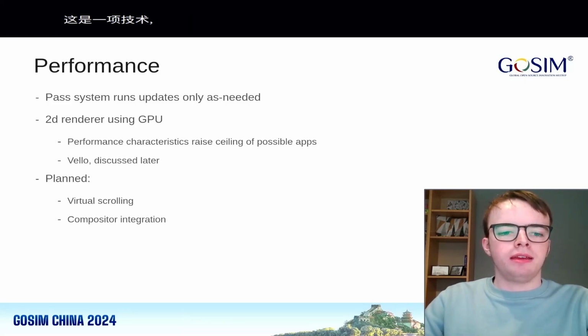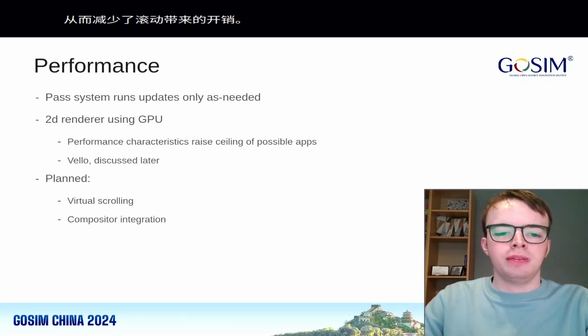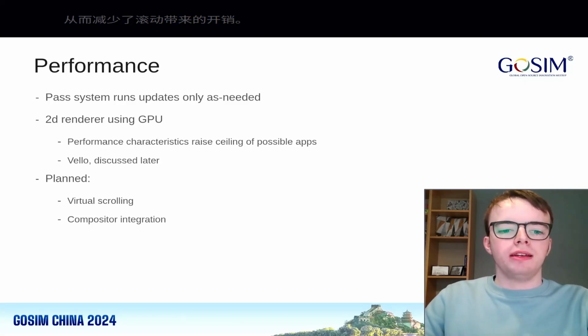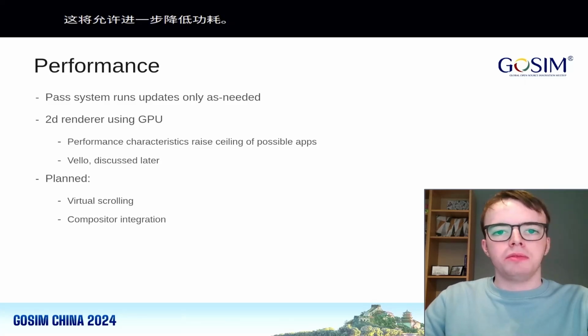We have experimented with virtual scrolling in the past, but this work is not currently in the main version of Masonry. We also plan to integrate with the system compositor, which will allow further reductions in power usage. We have done recent work to align our internal design with the needs of a compositor, but we have not yet implemented this integration.